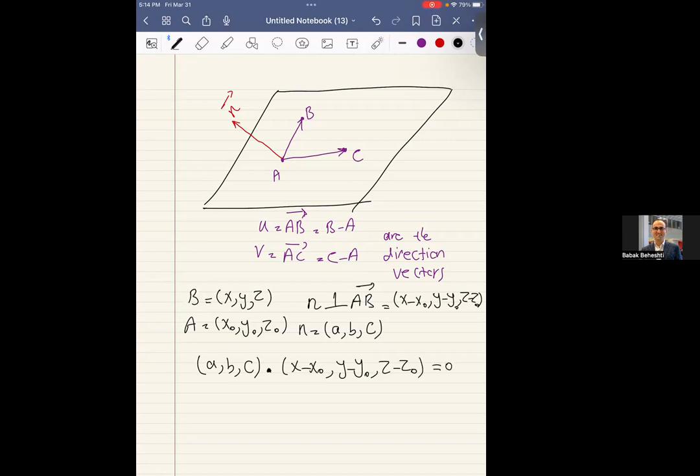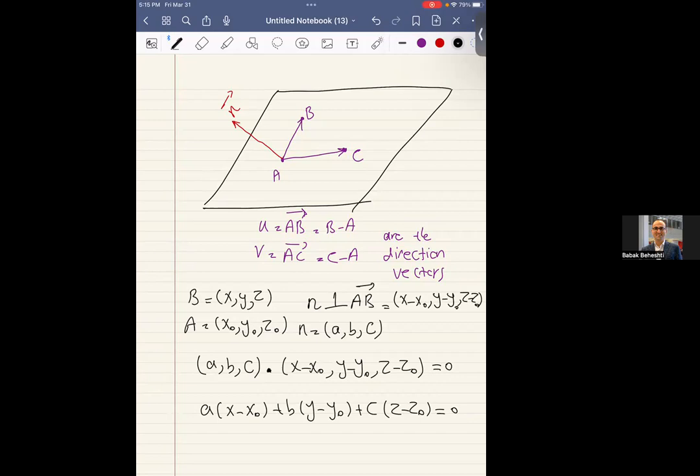Because if two vectors are perpendicular, that means the dot product of them is 0. So that means A times X minus X0 plus B times Y minus Y0 plus C times Z minus Z0 equal to 0. And this is called the scalar equation of a plane.